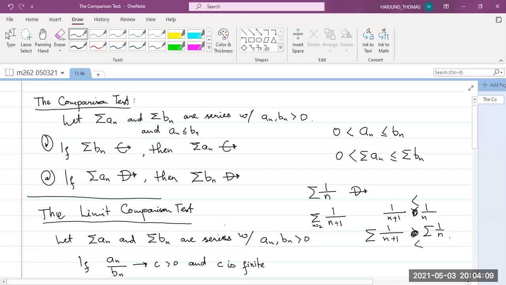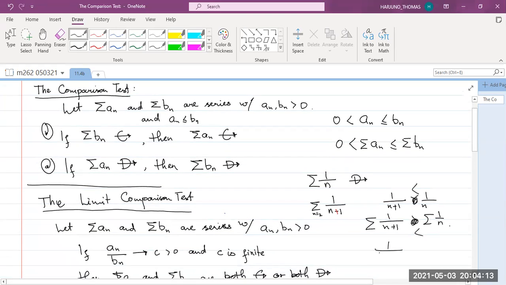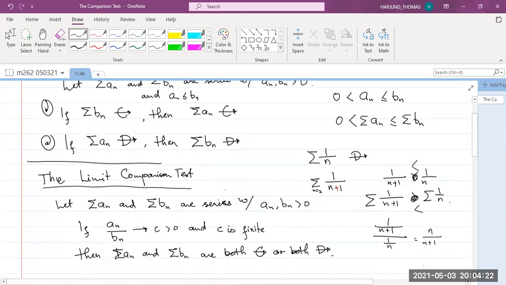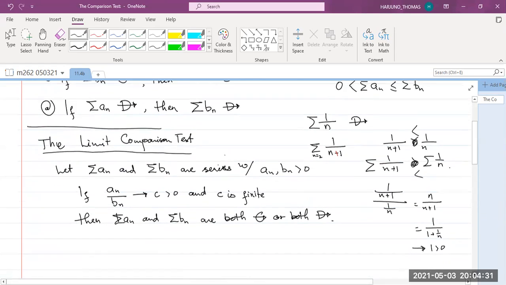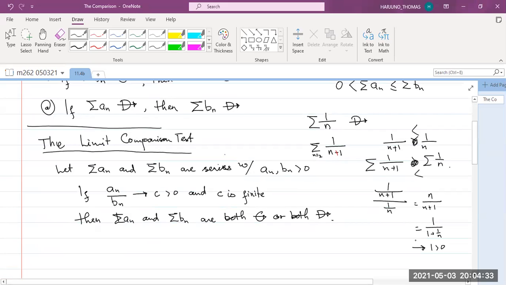In that situation, we see, oh, you know what? If I do the ratio, 1 over n plus 1 over 1 over n, this is n over n plus 1, which is 1 over 1 plus 1 over n, and this converges to 1, which is positive and finite. That's the limit comparison test.